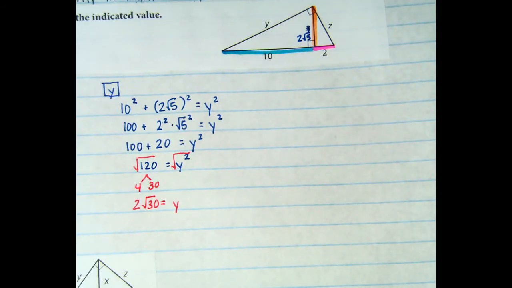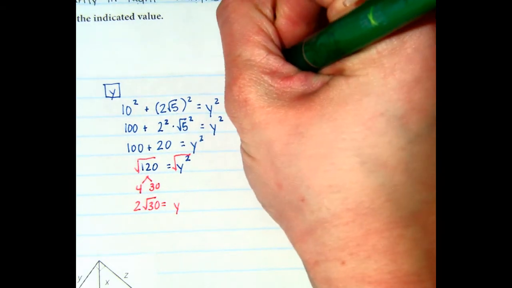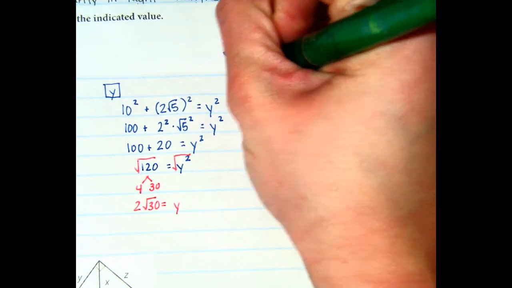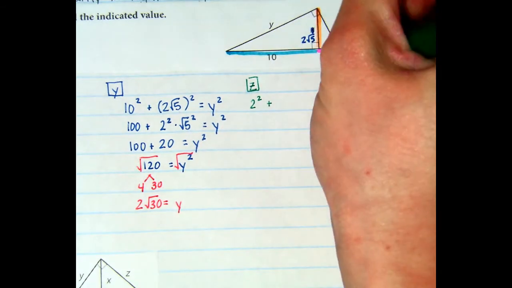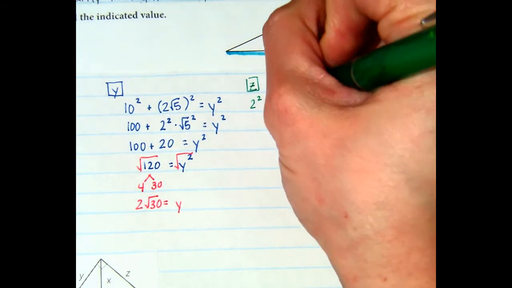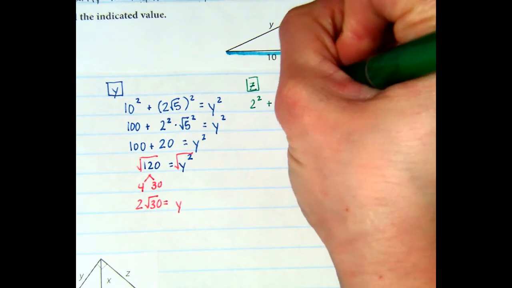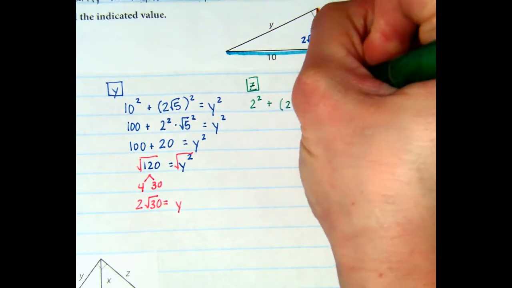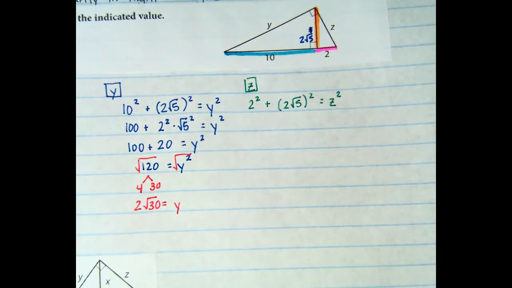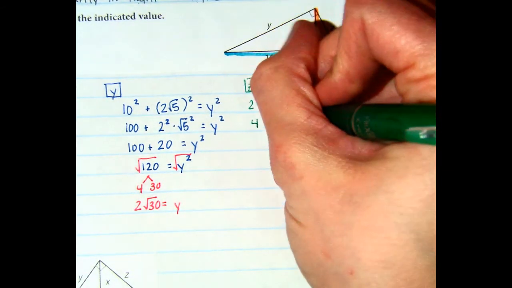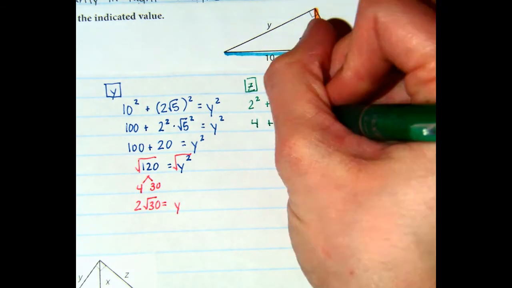How do you find z? Okay, now we're using this triangle. 2 squared plus 2 square root of 5 squared equals z squared. What is 2 squared? What is 2 square root of 5 squared?